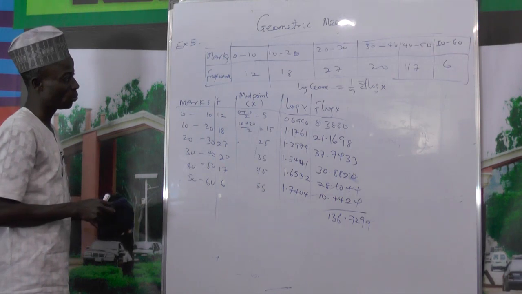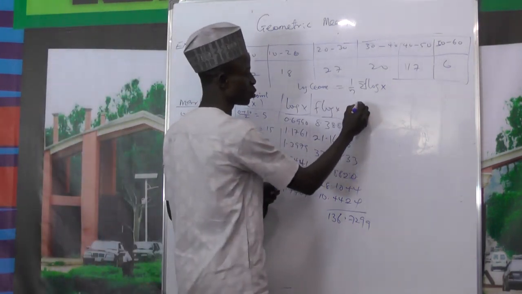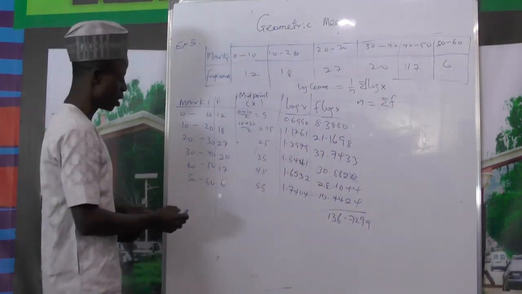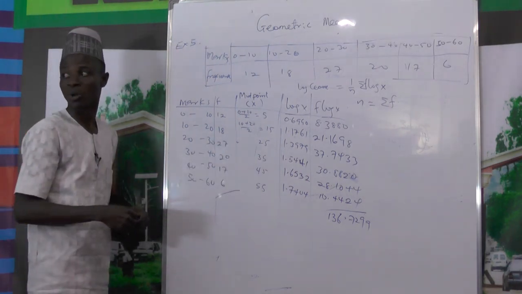So we now look at n here. Our n is also equal to the sum of our f. So we just add our f together. If we add this together, we are going to have 100.